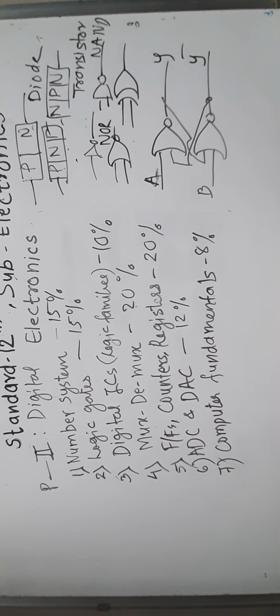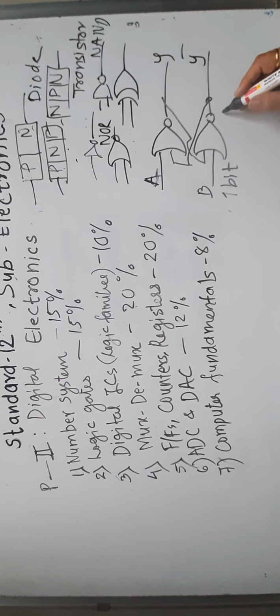What is the use of a flip-flop? A flip-flop is nothing but 1-bit memory. I told you the concept of memory. Memory is used to store data. So one such flip-flop is used to store 1-bit data.